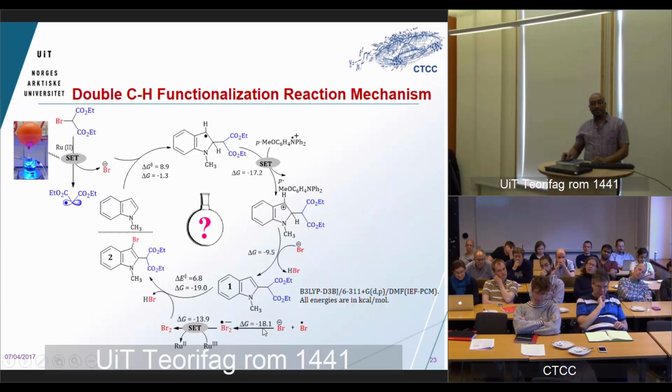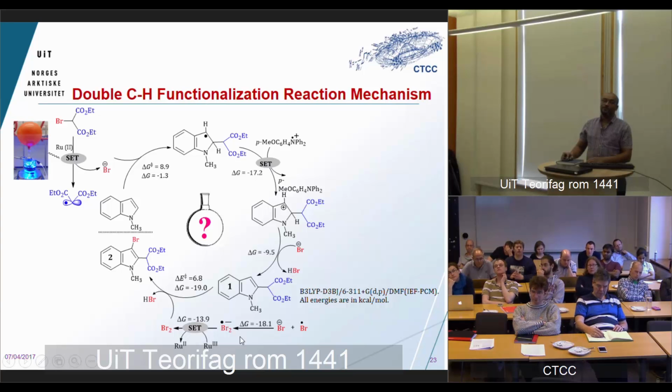This is an exergonic reaction, so it can easily proceed to the formation of the Br2 minus radical. And Br2 minus radical can give its electron to the ruthenium-3 that is formed in the reaction medium, and it forms a bromine molecule. And then the bromine molecule can easily react with compound 1, with a very low activation energy barrier again, and it forms compound 2 with a release of hydrogen bromide.